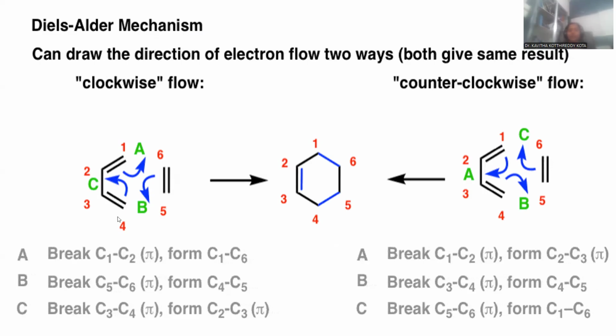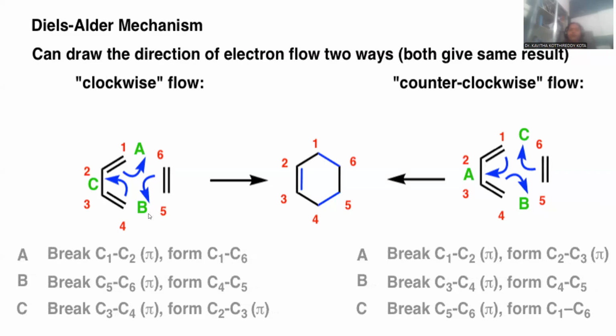I am taking 1,3-butadiene, where the 1,2 bond is moving in this direction in order to make the 1,6 sigma bond, and the 3,4 pi bond is moving back like this, and here the new establishment of a pi bond is possible if you are taking the dienophile. Among the 5,6 carbon atoms, whatever pi bond is located, that is moving in this direction.